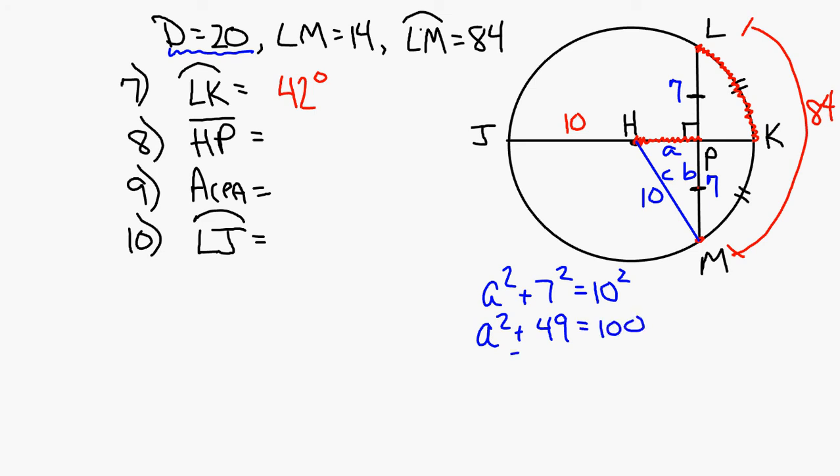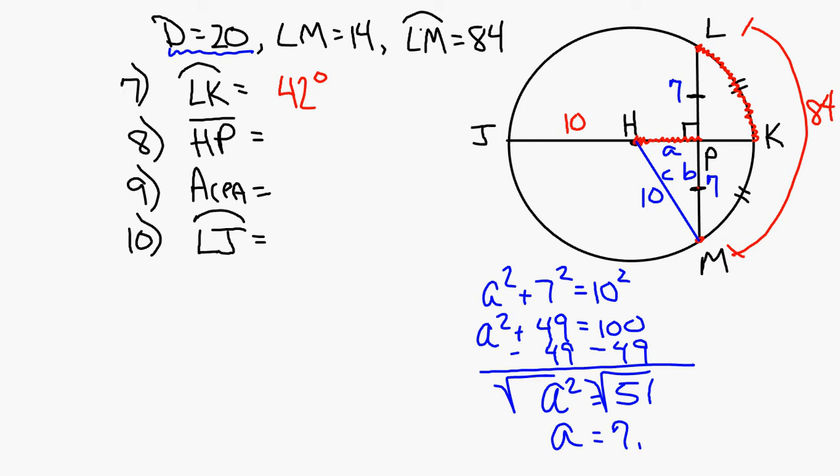So A squared equals 100 minus 49, which is 51. And the square root of 51 equals 7.1. So your A is equal to 7.1. Your A in this case represents H to P. So H to P is 7.1.